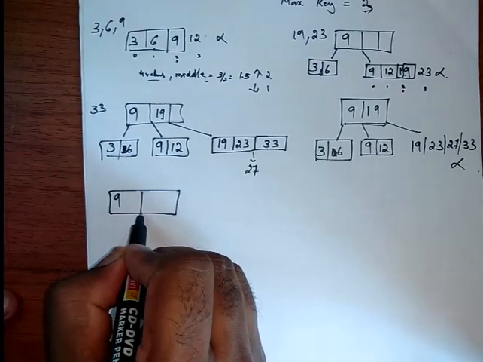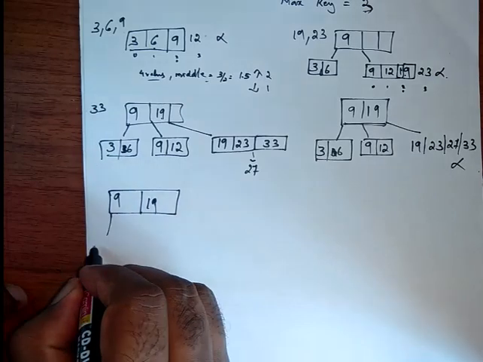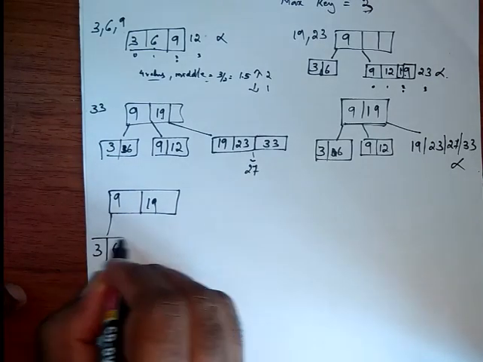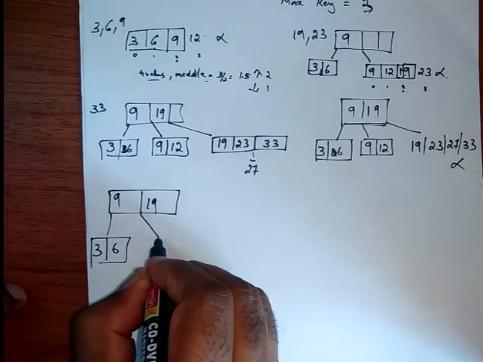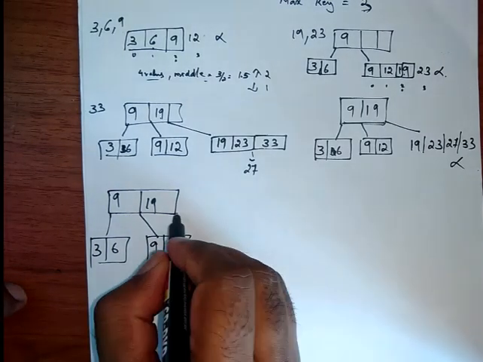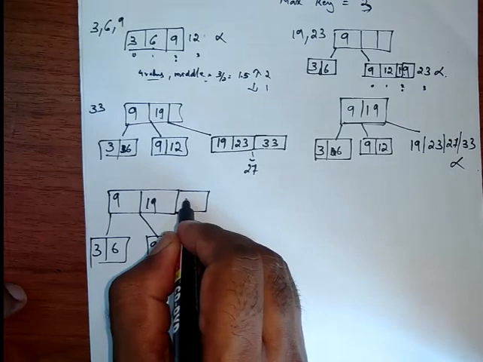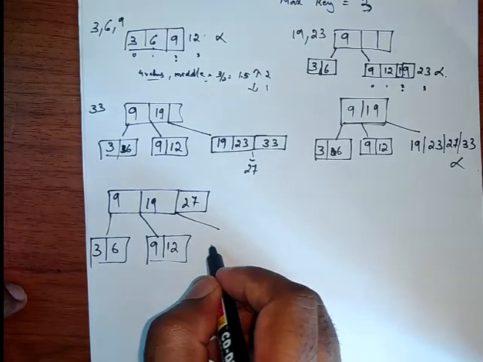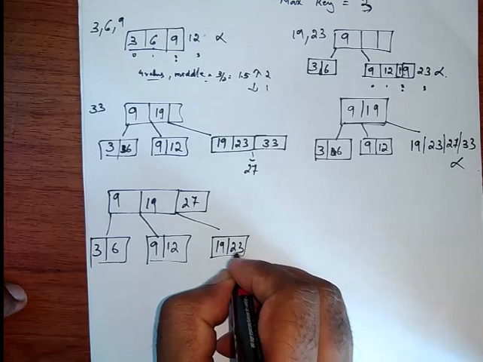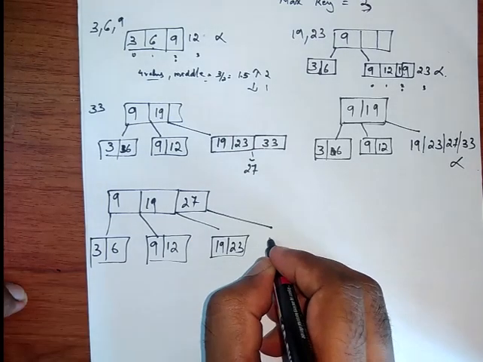The parent node is the root node, so 9, and 3, 6, 9, 12, and you know that 27 should come here, with 19 and 23 to the left of 27, and 33 to the right.